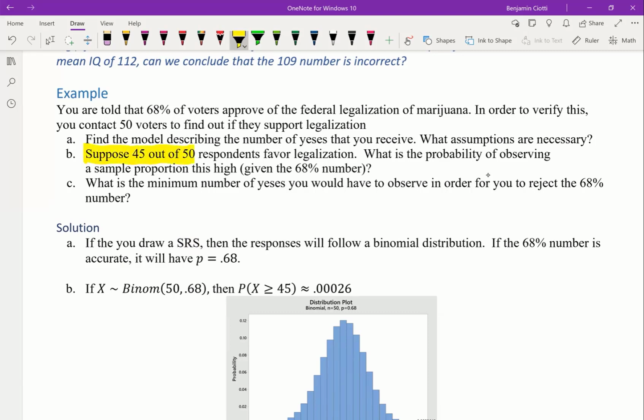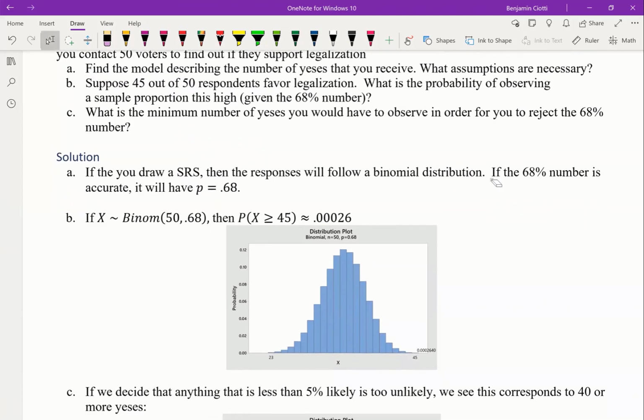With regards to the second question, supposing that we got 45 out of our 50 respondents favoring legalization, let's find the probability that we got at least 45. So 45 is one possibility. That seems pretty high. It's higher than 68%, which I guess would correspond to 34 yeses. We got 45. Let's, for the sake of this argument, find the probability that we got any number 45 or greater.